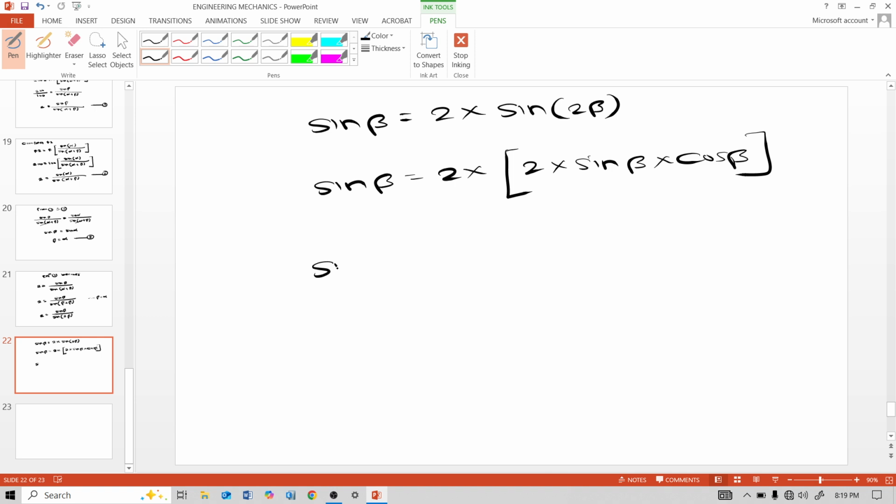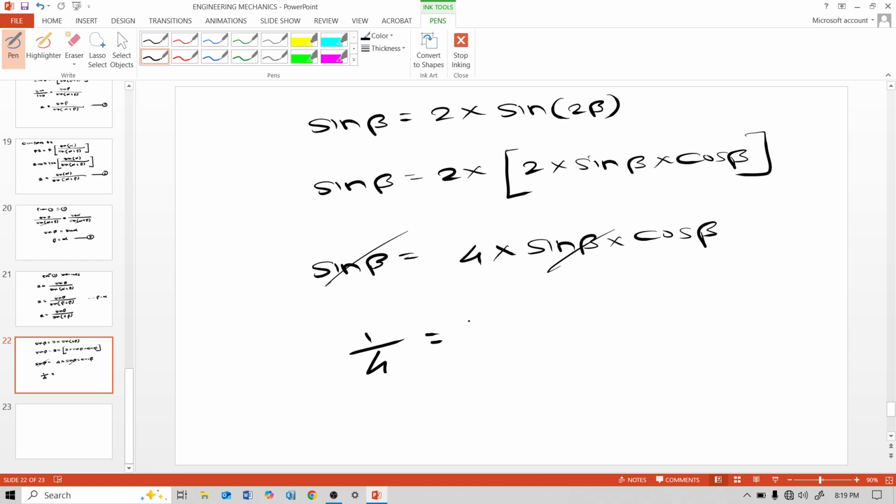So sine of beta is equal to 2 into 2, 4, into sine beta into cos beta. So this sine beta will get cancelled. Mathematically it will be 1 by 4 is equal to cos of beta.